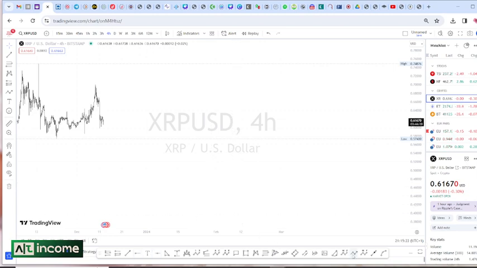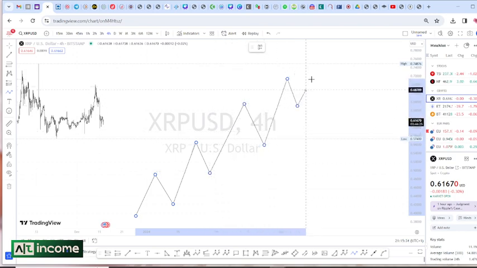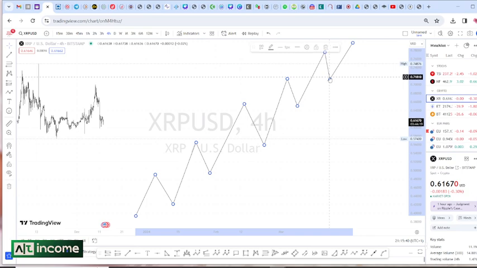Now let's take it again from the perspective of market structure. We said in a bullish structure we have higher high, higher low, higher high, higher low, and so on.